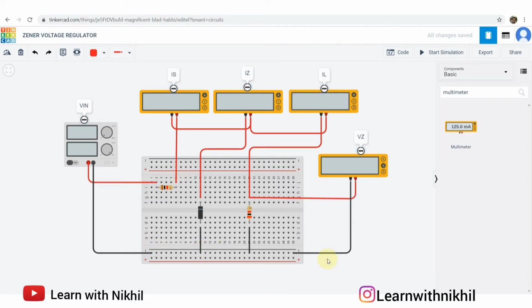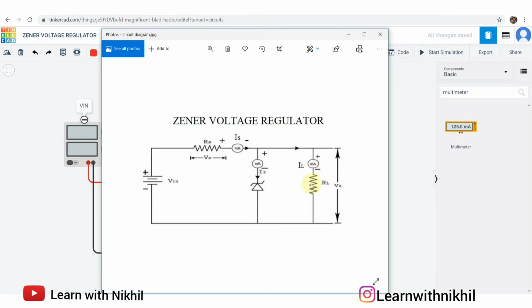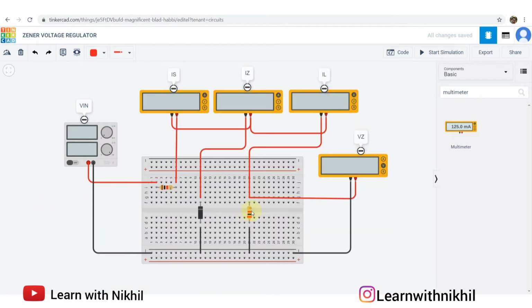Now we'll move towards load regulation. For load regulation, we need to vary the load resistance RL and we have to keep Vin constant. To vary the resistor, we have to attach a variable resistor here. So I'll just remove this.